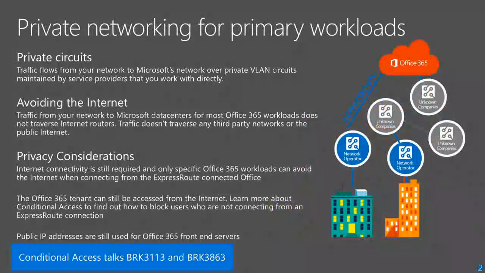All right, so a little bit more about private networking. Private networking allows you to avoid the internet. What it's really doing is avoiding commingling of your data with other customers' internet traffic. So it gives you some privacy.